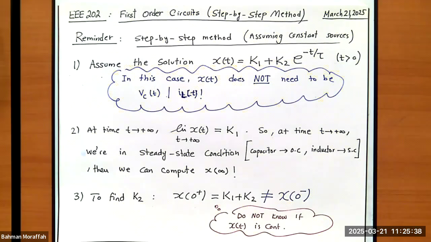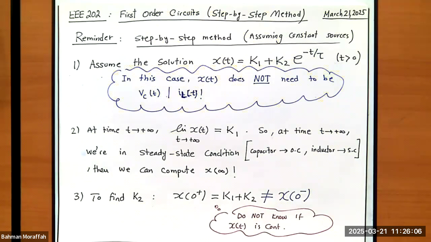So is current through inductor. So I can replace my capacitor by a voltage source and replace my inductor by a current source. Now I have a circuit at time 0 plus that does not have any capacitor or inductor in it. Now I can simply solve for x at time 0 plus.